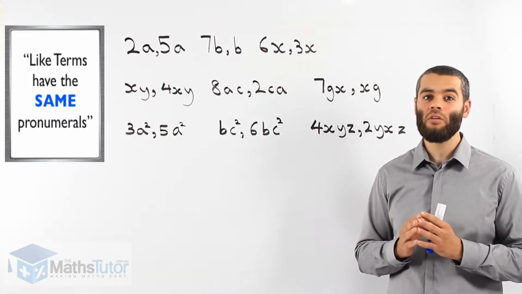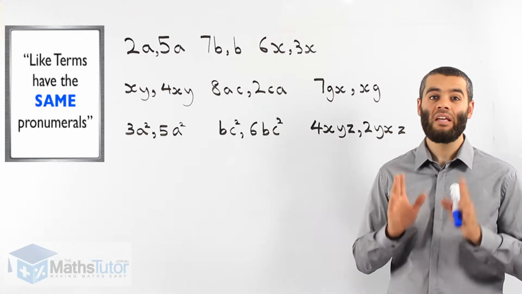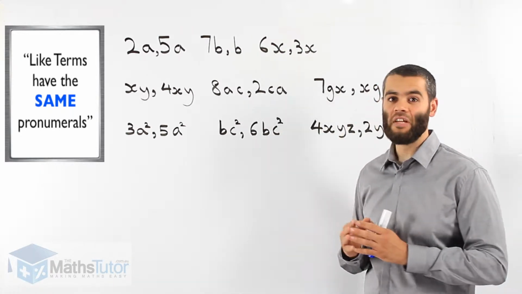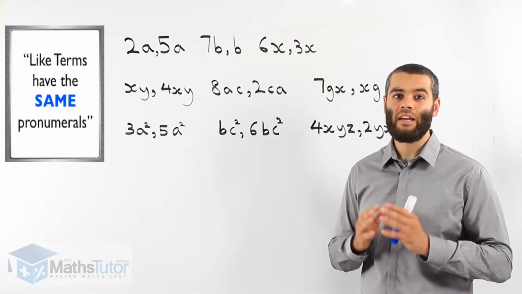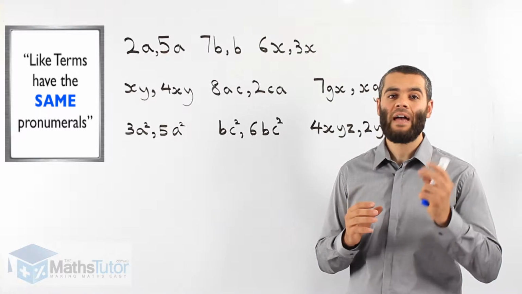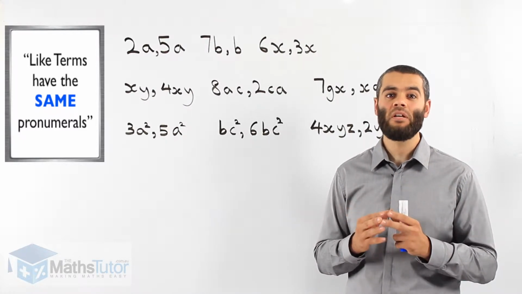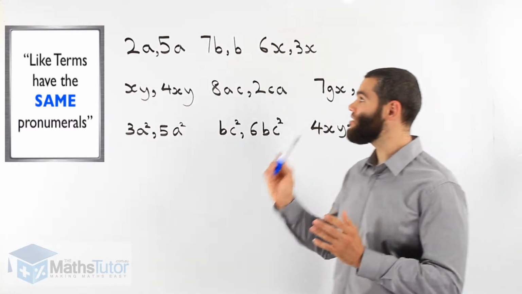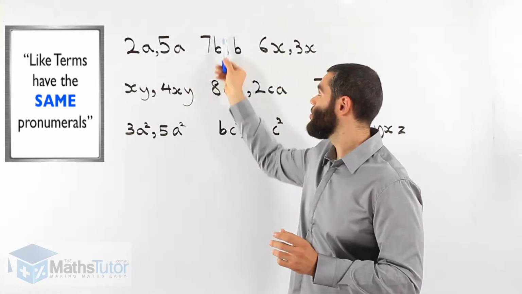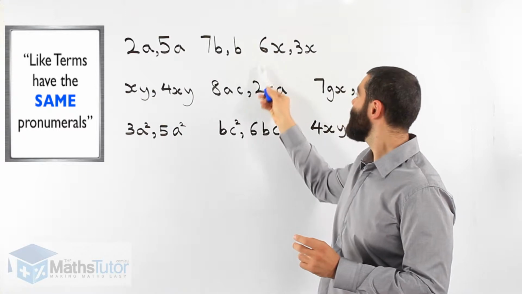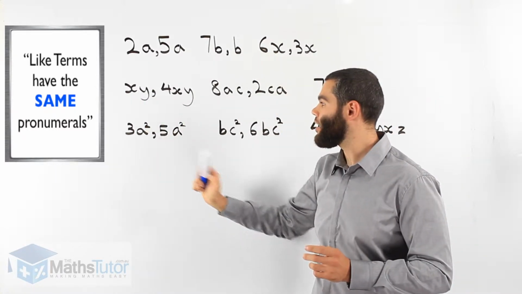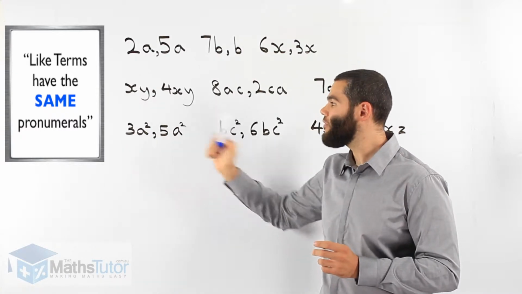Now, what are like terms? We're going to go through each example and you're going to see what like terms are. Like terms means that the terms have the same pronumerals. Now, what is a term? This is a term: 2a, 5a, 7b, b, 6x, 3x, xy, 4xy, 3a squared, 5a squared.